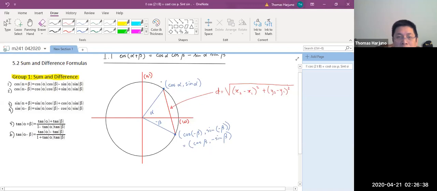Let's say this is my coordinate 2, and this is my coordinate 1.